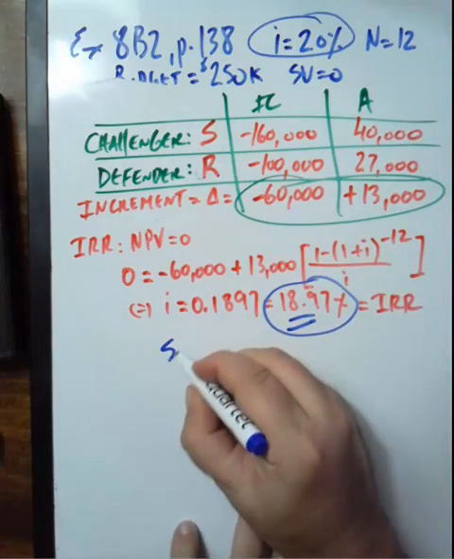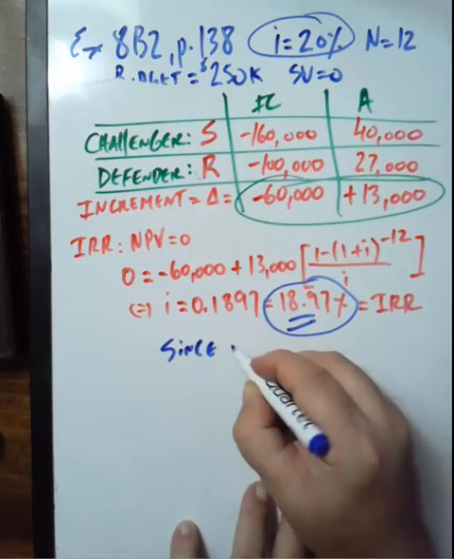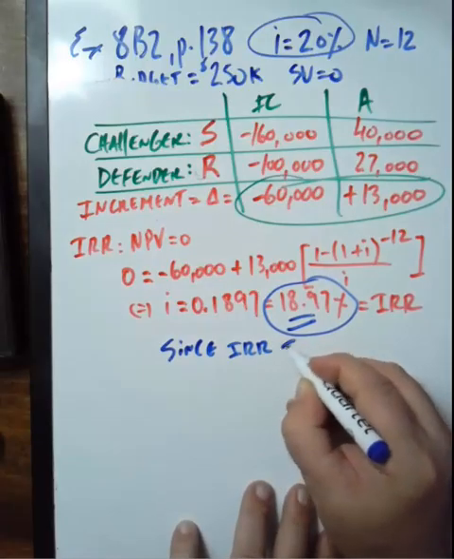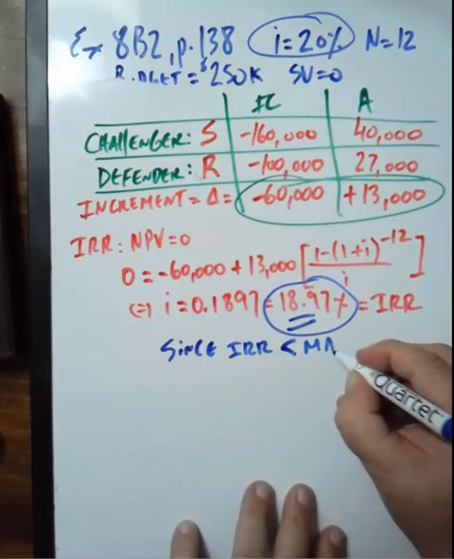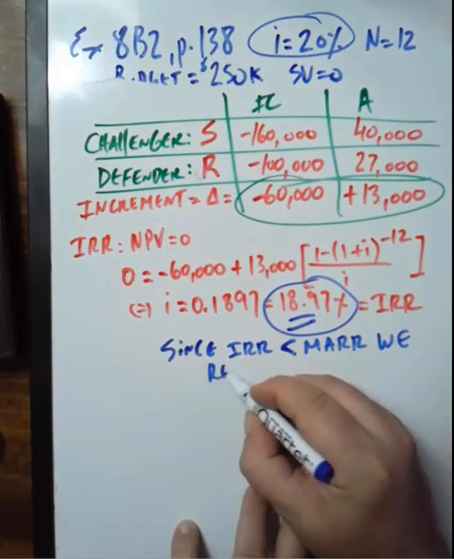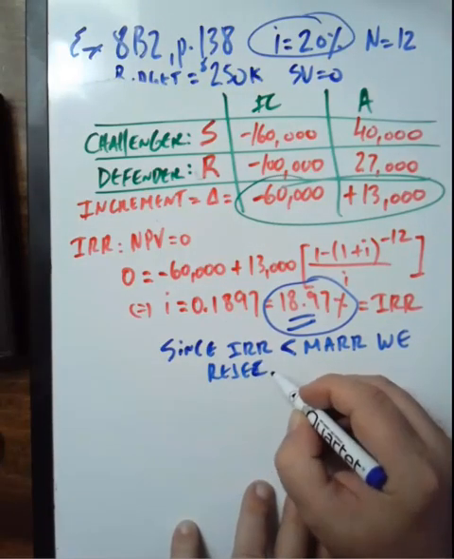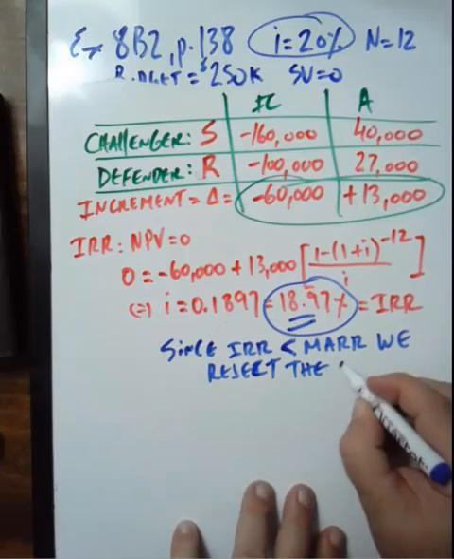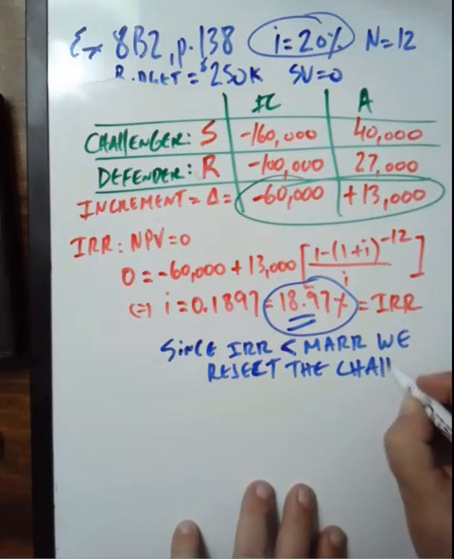So since the internal rate of return is lower than the minimum acceptable rate of return, we reject the challenger. The extra investment is not worth it.